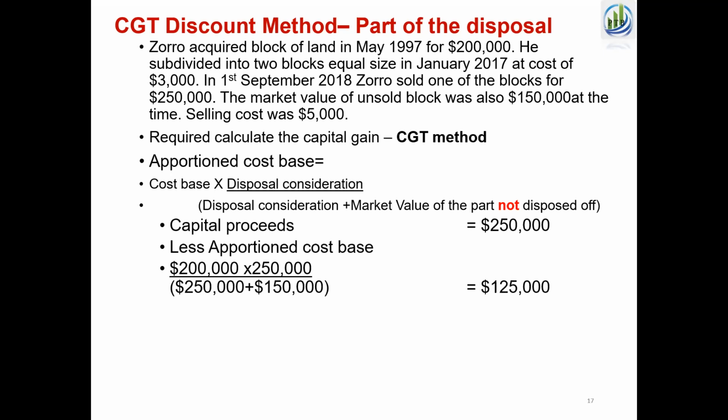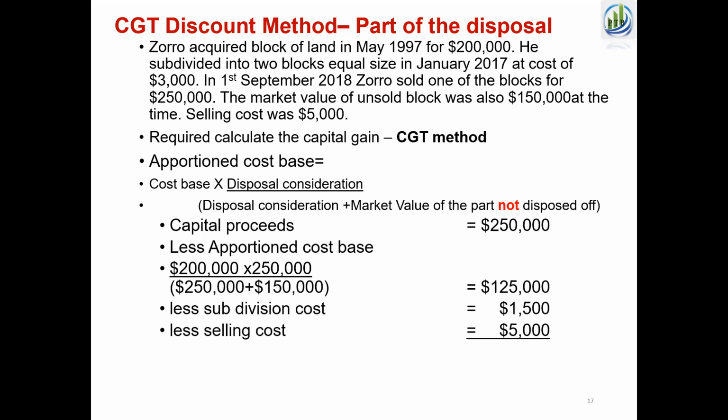So 125,000 is our land cost, and subdivision cost will normally be equally divided. 3,000 divided by 2 is 1,500, and you have a selling cost of $5,000. So your total cost base is now 125,000, 1,500, and $5,000. If you take that out, the capital gain is 250 minus all of that, 118,500.